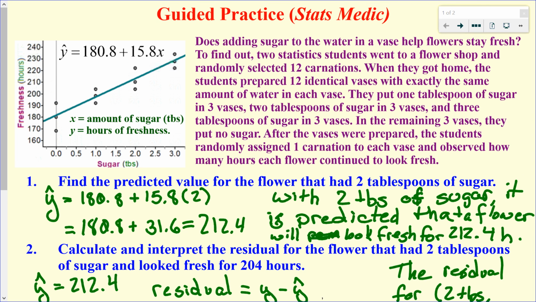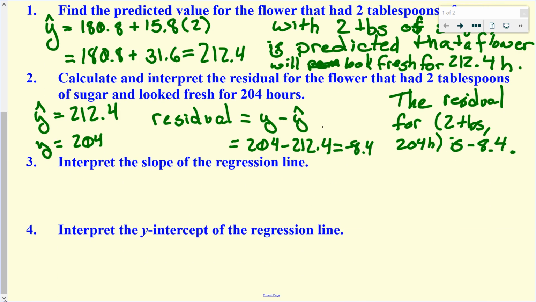So we can go back to our equation. We know that this is our slope. This is our B1. So we come back here to our question, and we know that the B1 is equal to 15.8. We know from our explanation in class yesterday that that would be the units of y, which is hours, over the units of x, which is tablespoons.